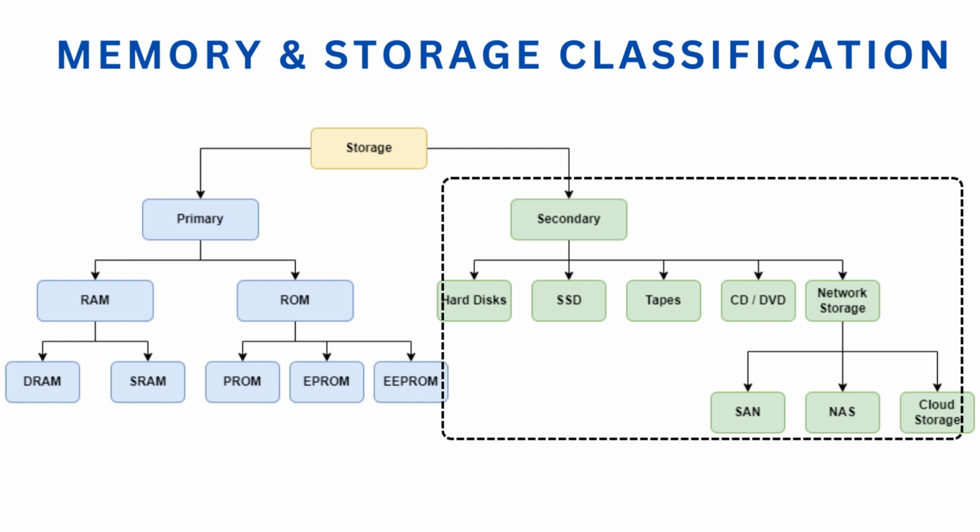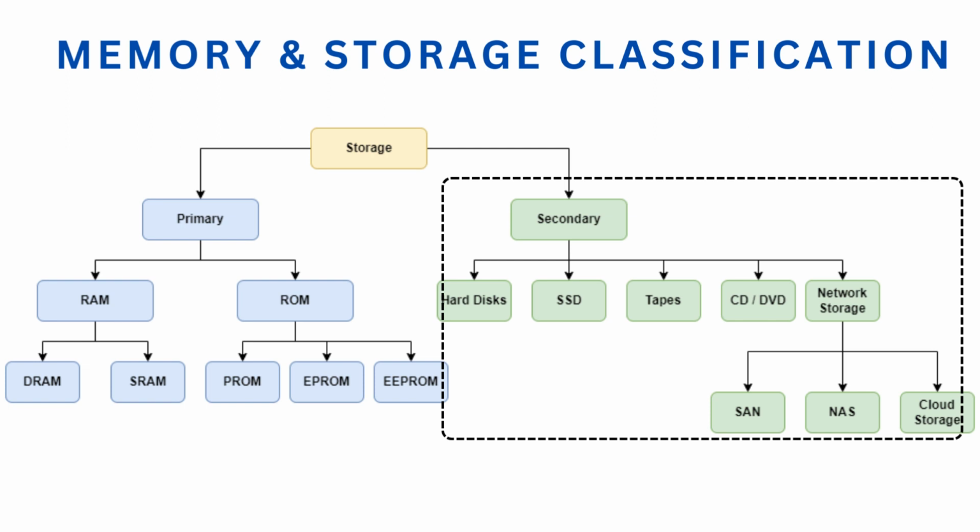On the screen, the blue side is primary memory, and that is the memory that we use when we start a computer, like when it's booting the OS and starting software programs, etc. And in this lesson, our focus is on the storage devices marked in light green color, on the right side of the screen.